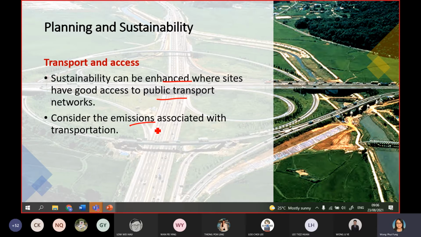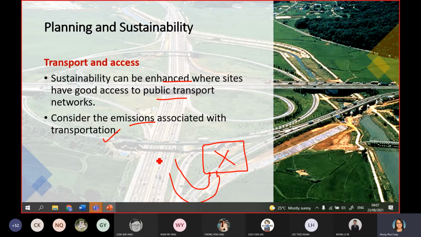So the developer needs to consider the emission associated with transportation, which means that if the piece of land is here, the developer needs to consider how far this development is from the major highway.